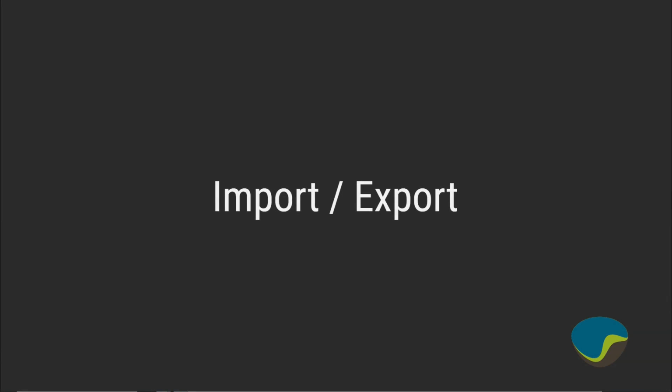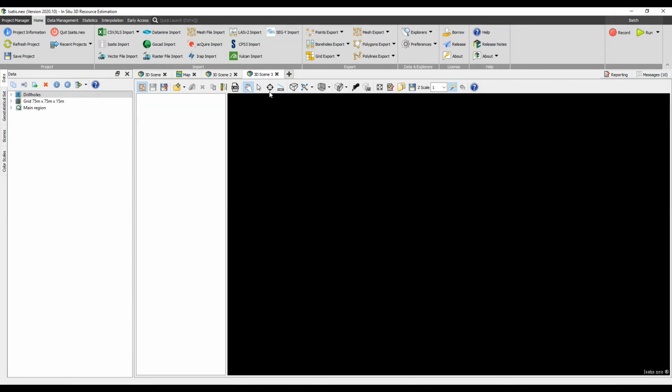Our third development focus is software interoperability. We've added new import and export interfaces to facilitate further data exchange, in particular between Vulcan from Maptek and Isatis.neo. The new import interface lets you load Vulcan block models, either regular or sub-block, wireframes, and drill holes and composites.